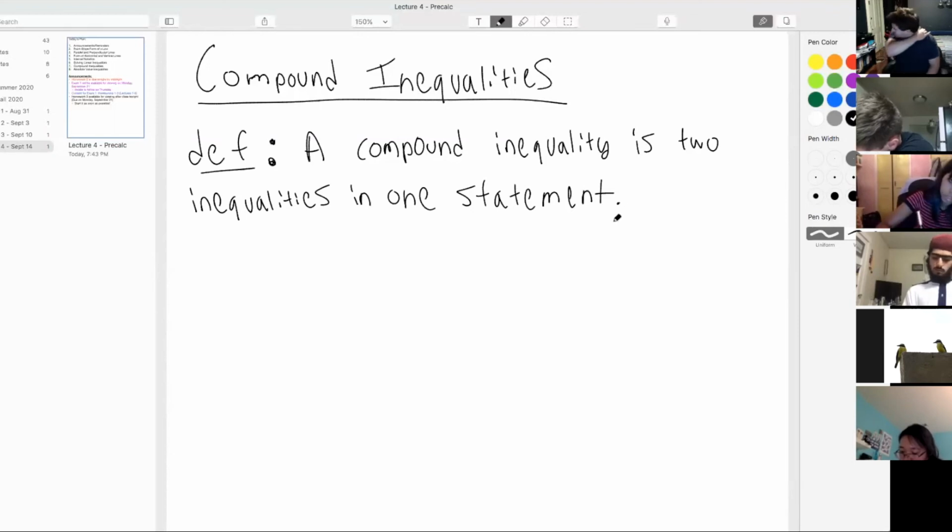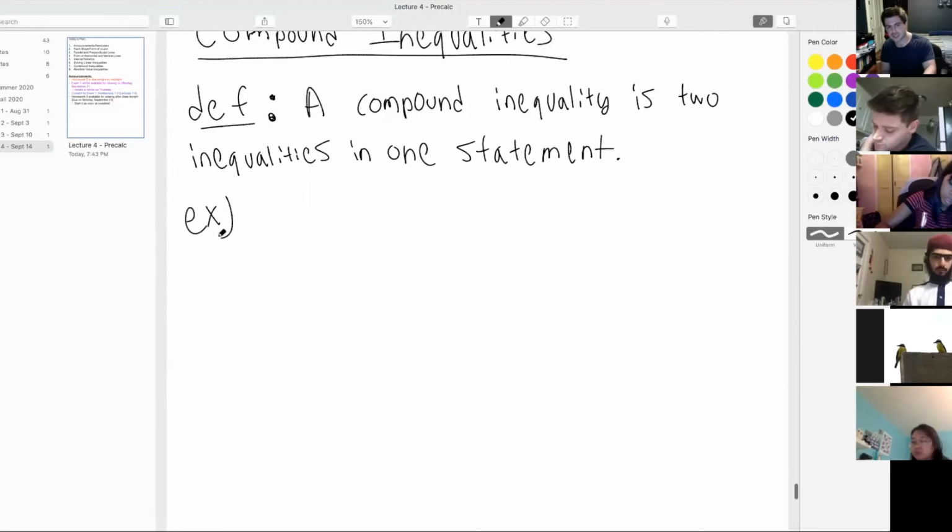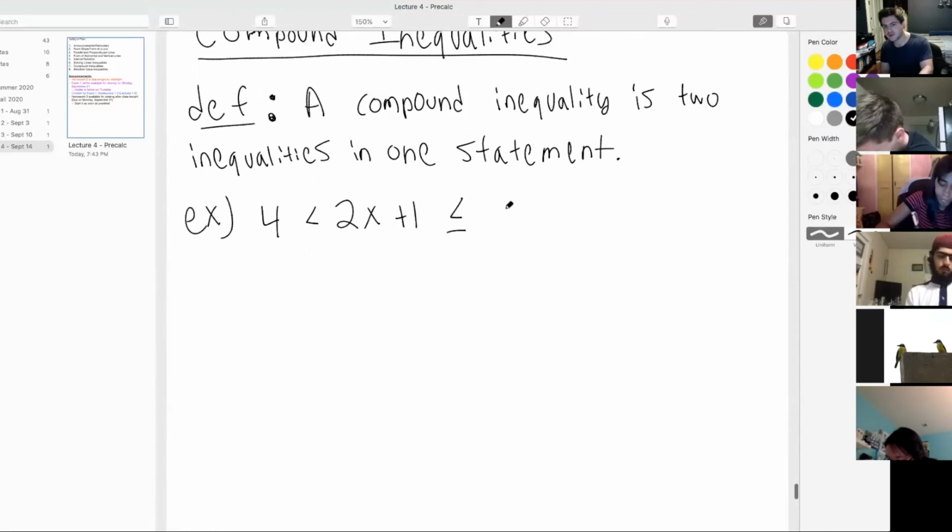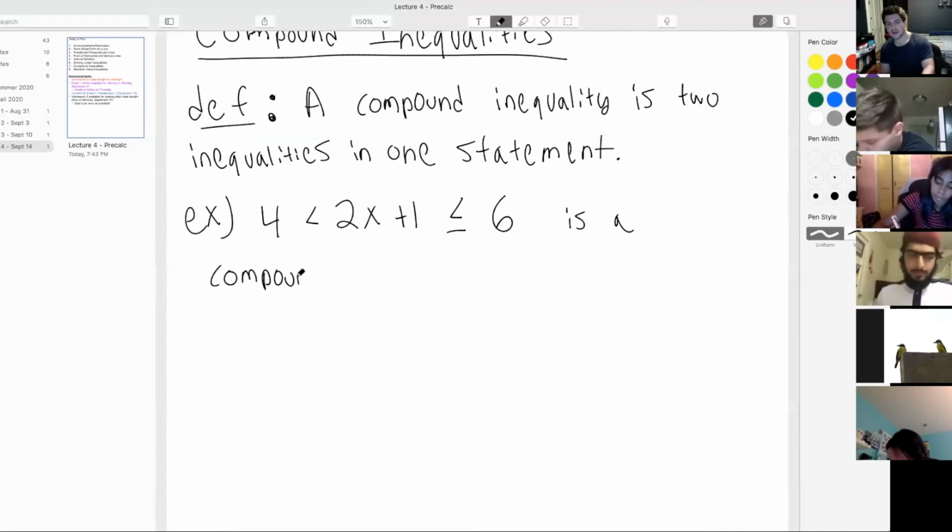And what's an example of such? How about 4 is less than 2x plus 1 is less than or equal to 6? So we have two inequalities, but written as kind of one mathematical statement. So this is a compound inequality.